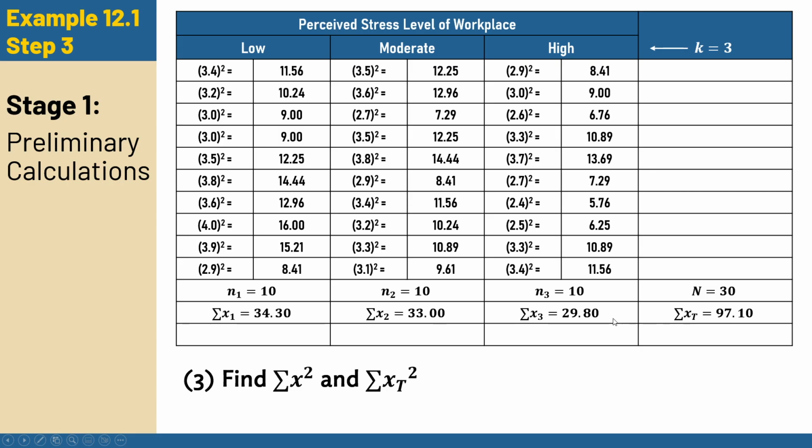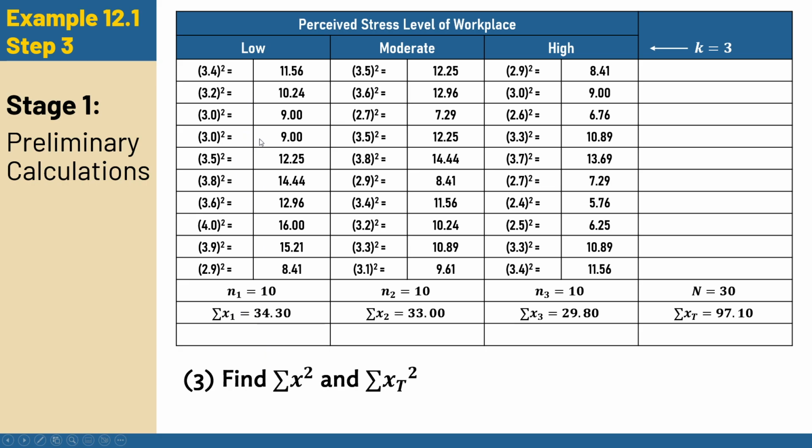Now we're going to calculate the sum of squares, essentially, right? And so now it's important to note, this is one mistake that a lot of people make: a lot of people assume that sigma x squared is just this value squared.